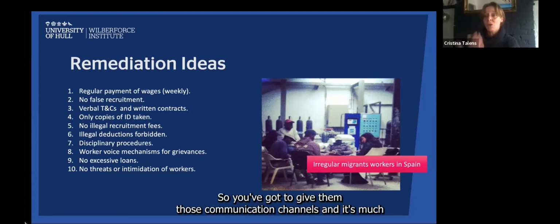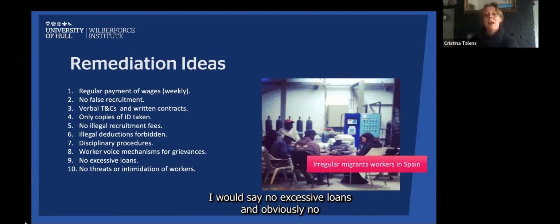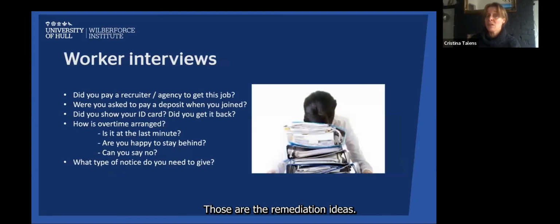You've got to give them those communication channels, and it's much better that they come to the company than go to somebody external. I would say no excessive loans, and no threats or intimidation of workers to do their shifts. Those are the remediation ideas.